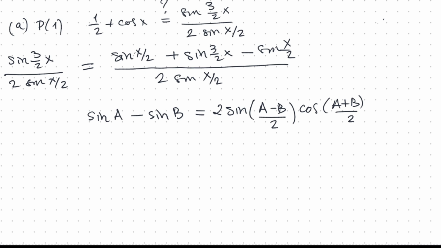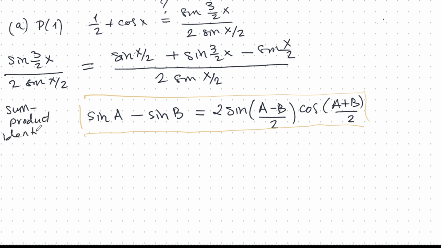Well, I use this identity, one of many such identities. We can call them sum-to-product rules, or sum-product identities. There are several of them, and I chose the one that I need.